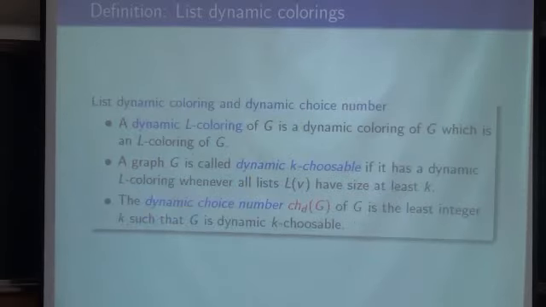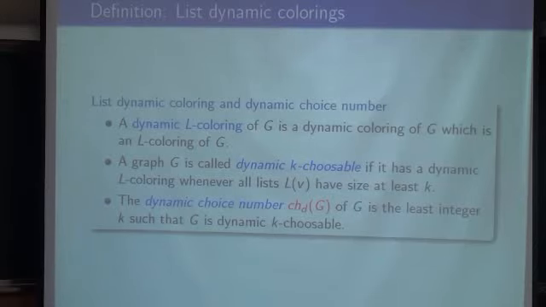And we can define the dynamic choice number. In a similar way, a dynamic L-coloring is a dynamic coloring of G which is an L-coloring of G. And a graph G is called dynamic k-choosable if it has a dynamic L-coloring whenever all lists L(v) have size at least k. And the dynamic choice number is the least integer k such that G is dynamic k-choosable.